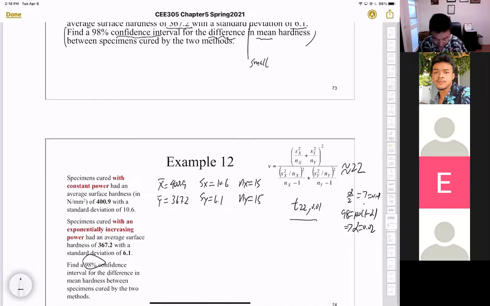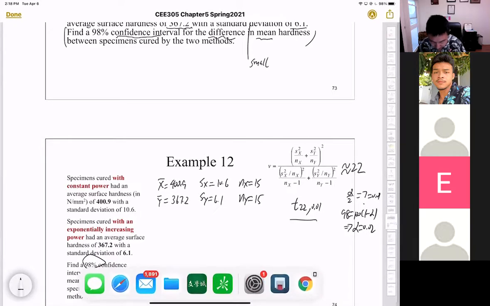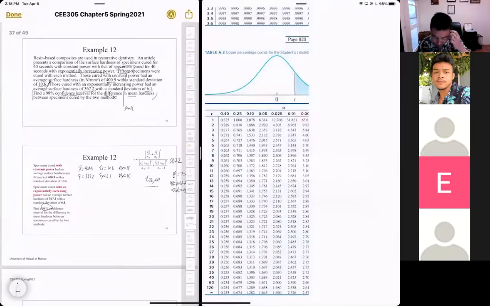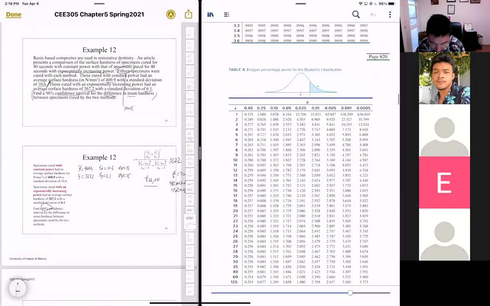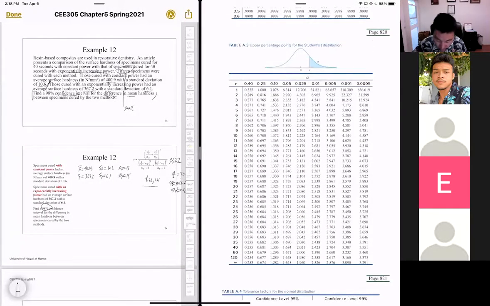So the t value will be t 22, 0.01. Let's look at the t table. The t table is here, table 8.3. For the degree of freedom of 22, which is here, and half alpha of 0.01, which is here, it turned out the t value will be here, 2.508.